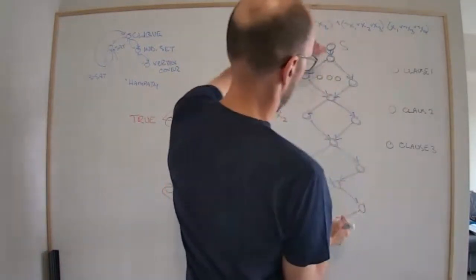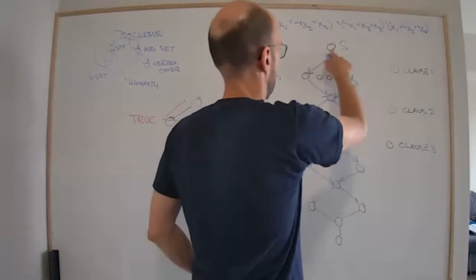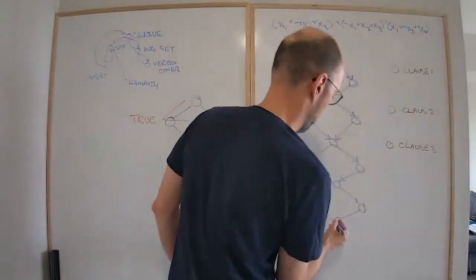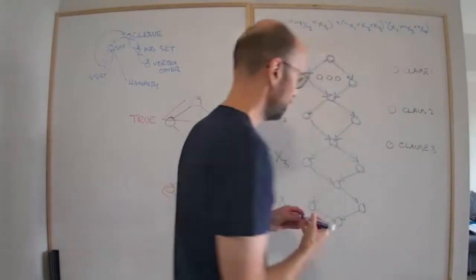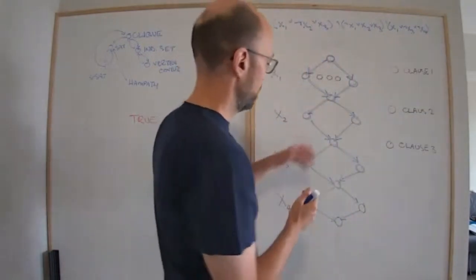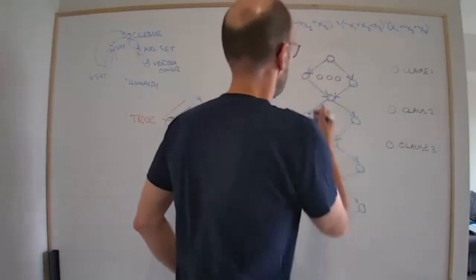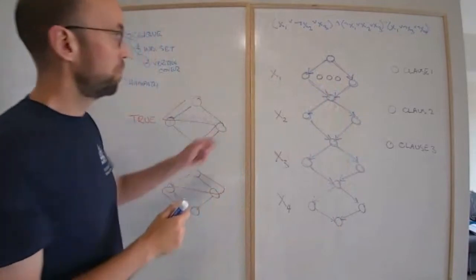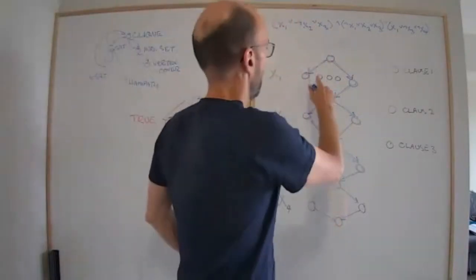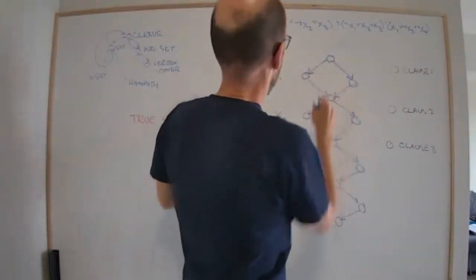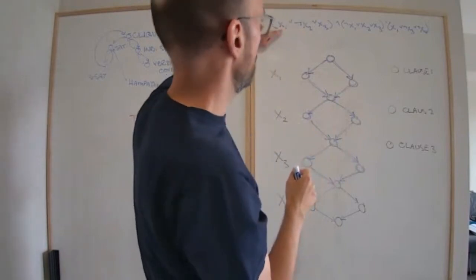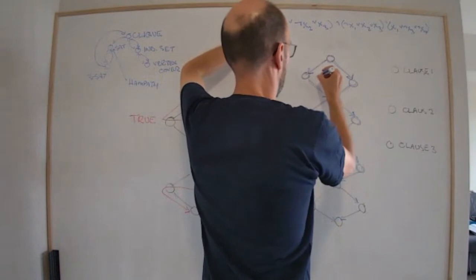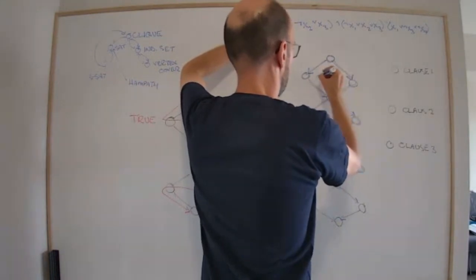If it's directed, you don't actually need these extra vertices because I can insist that it has to start here, and it has to end here. So then, for each of these vertices in the middle, you're going to allow, so if x1 is true, say I just put two vertices here.